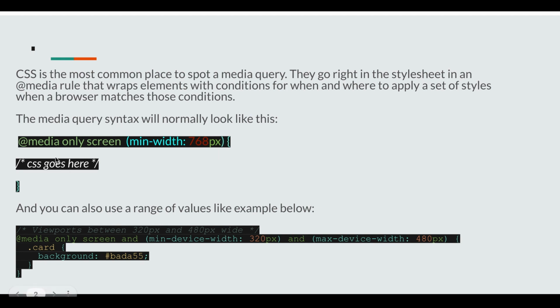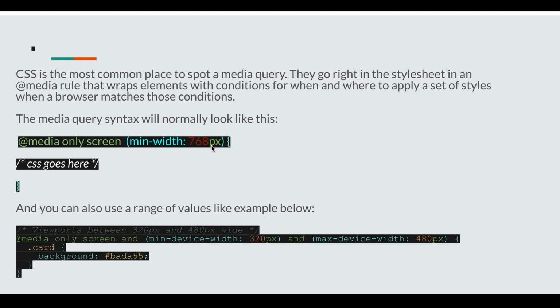Whatever styling you put within here will only take effect when the declaration you made here has been reached. For example, this one is @media only screen min-width 768 pixels. That is, any device that has a minimum width of 768 pixels and above.